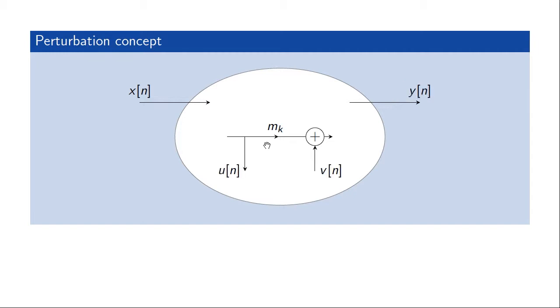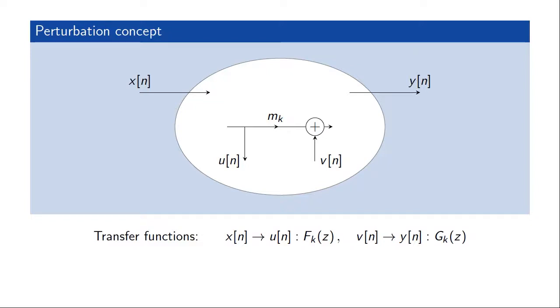So to that end, let's define two signals, u[n] and v[n]. u[n] is the signal before the multiplication takes place, and v[n] is the perturbation signal, which is inserted after the multiplication takes place. Connecting these two branches through a multiplication of delta m_k leads to the system that we just saw.